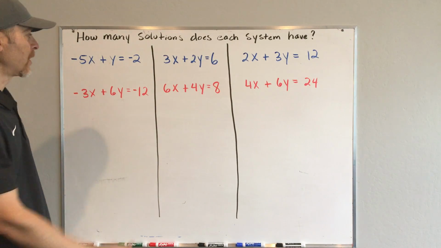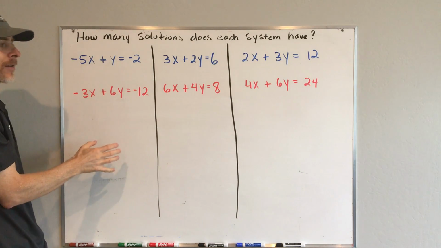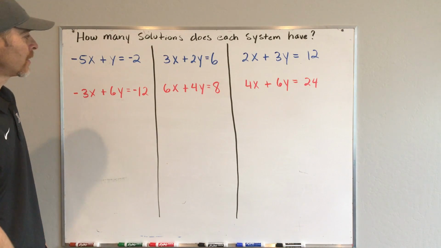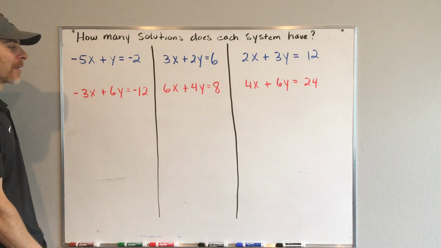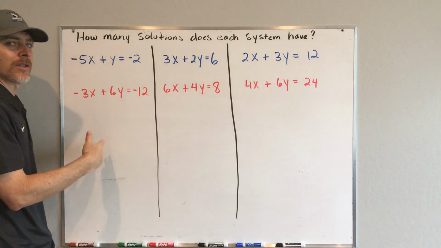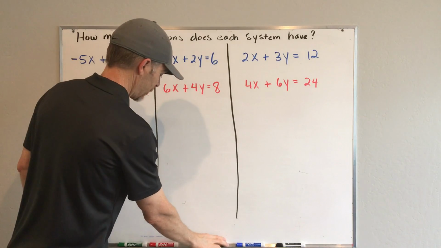Or we could do elimination. We could line up the equations, add them together, and try to get one of the variables to eliminate. But what we're going to do today is see that sometimes the solution to the system isn't always just one pair of numbers. So let me demonstrate.